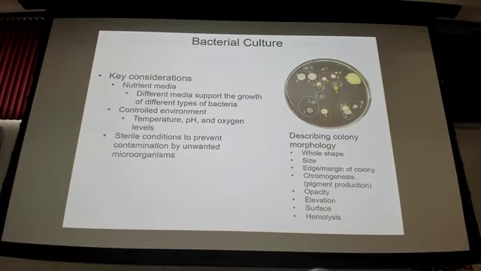In terms of going back to different types of media, the next slide will talk more about specific types of media, but different bacteria do have different growth requirements, so we select those out very carefully depending on what kind of specimen we're working with. Controlled environment, and then very importantly, sterile conditions.